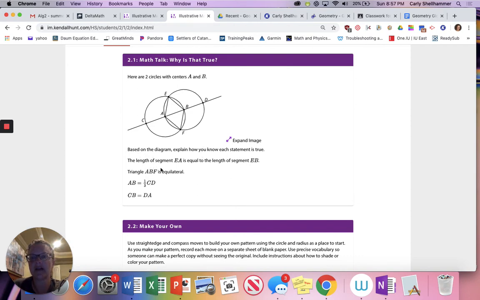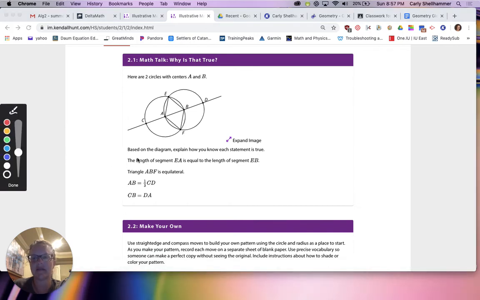Therefore, triangle ABF is equilateral. And we can actually say that also because I can mark things congruent. I know that this piece is congruent. That's a congruent mark. I can say that that's congruent to that and that because they are all radii of those circles.